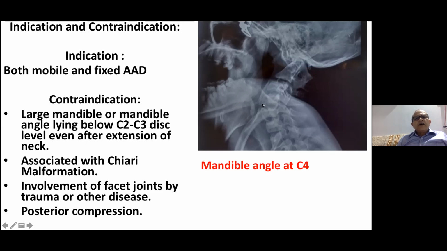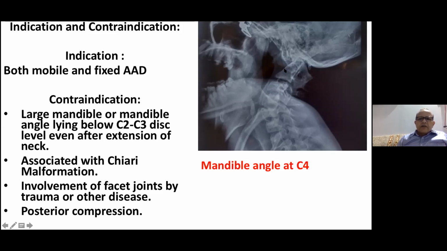It is very difficult. The ideal approach for any surgery should be orthogonal. Means you should be at about 90 degrees. But in endoscope, even if there is some angulation, but not too much, you can still deal with. So if the angle of mandible is at C2, C3 disc space, this should be here. Then only you can approach safely by trans-cervical approach.